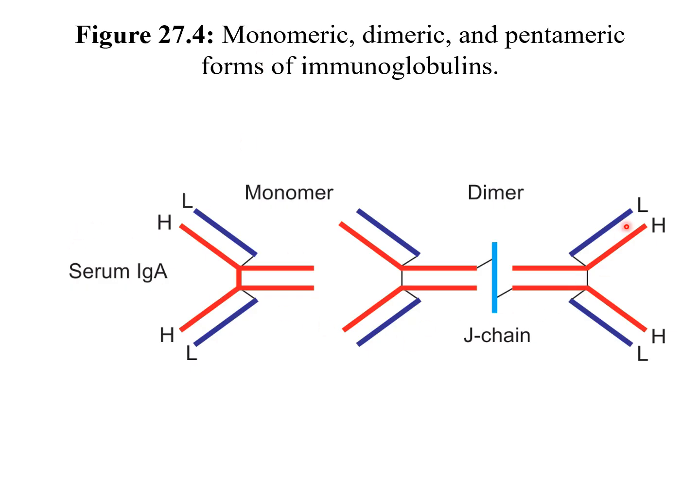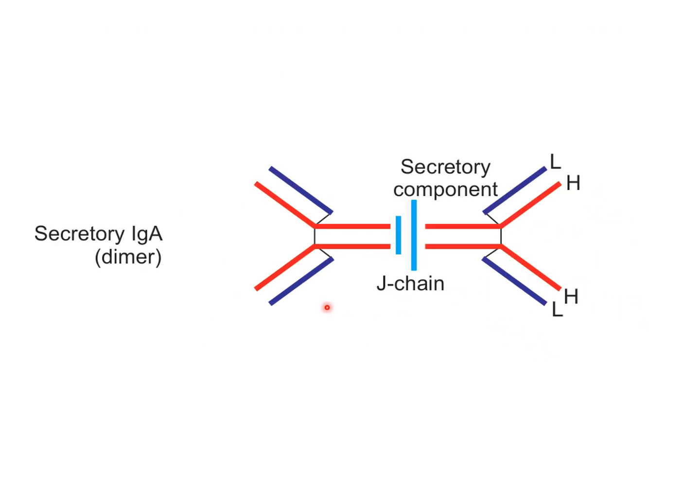There are various arrangements in which the monomer can be in dimeric or pentameric form. This is the structure of the monomer. This is the dimer. Two monomers are attached via the J chain.